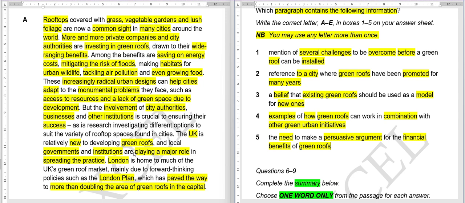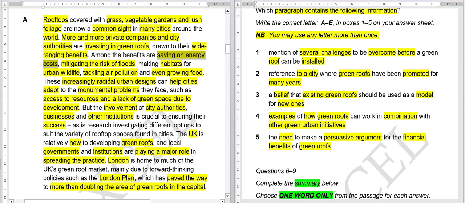Fifth, the need of a persuasive argument for the financial benefits of green roofs. Again, no, this is not our answer. Do not get confused. Yes, there is mention here of saving on energy cost, but it is not saying we have to make this argument to convince people.